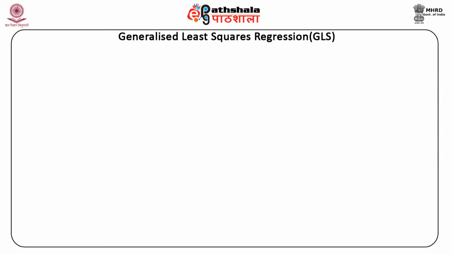And similarly, we say expected value of u i u j is not equal to 0 for i not equal to j. In an intuitive sense, it means when no autocorrelation is present, the magnitude and sign of the error term for some observation should not influence the sign and magnitude of the error term in the adjacent observation or observations.